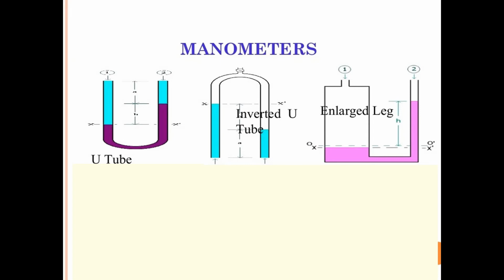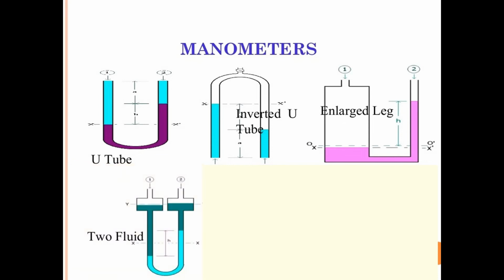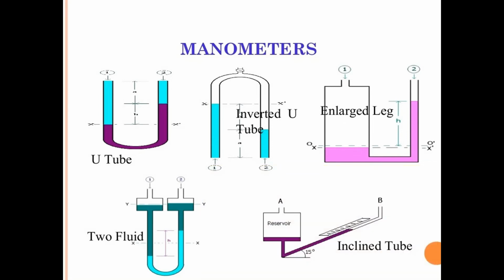Another manometer is an enlarged leg wherein we have a column of liquids from the reservoir and a column pipe. We also have here two fluids with two reservoirs and a U-tube attached to it. And then an inclined tube tapped into a reservoir.